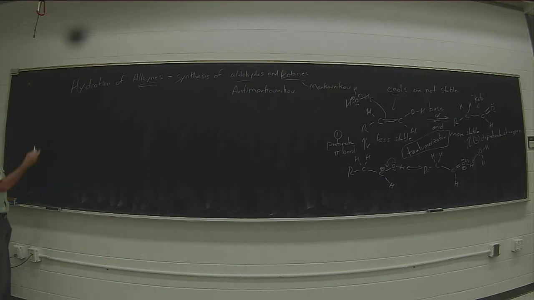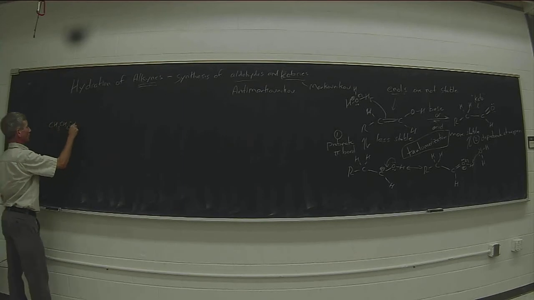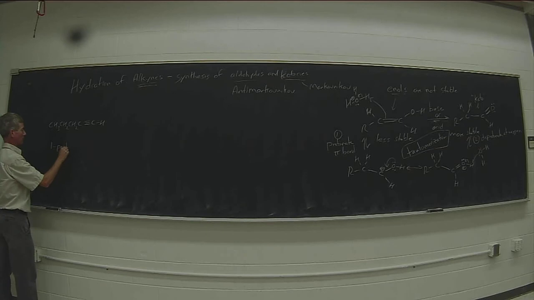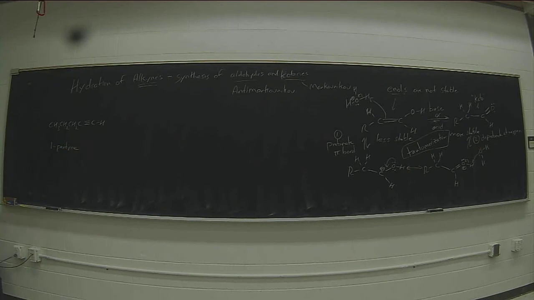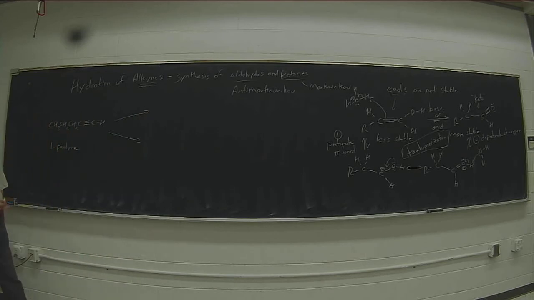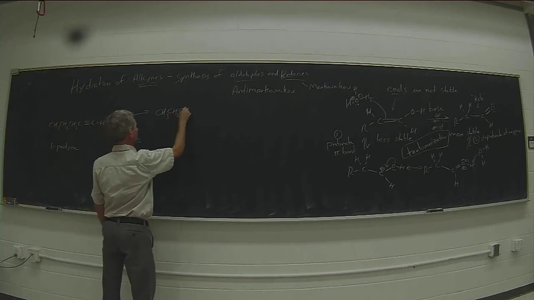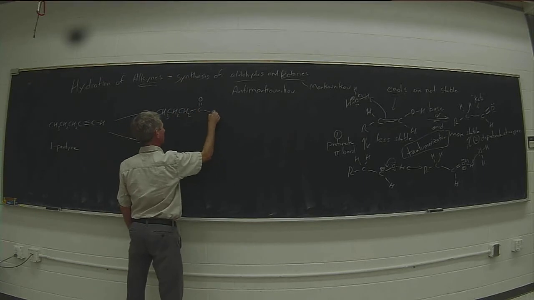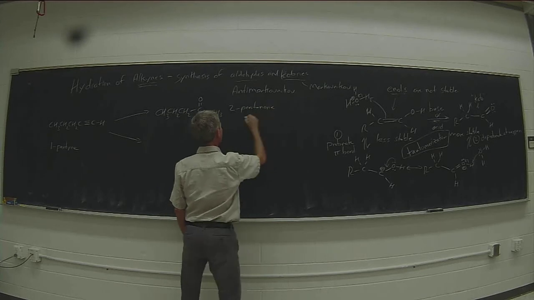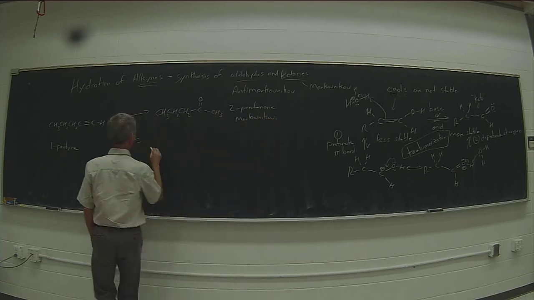So if we have a terminal alkyne, like 1-pentyne, we can add water either in a Markovnikov fashion or an anti-Markovnikov fashion to generate pentanone or pentanal.